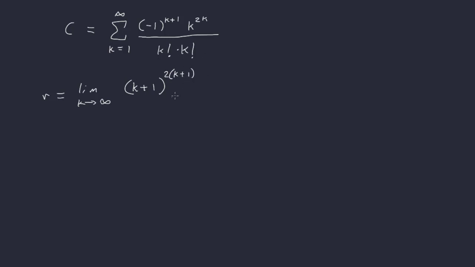Okay, yes, it is that fussy. I don't know if that's the best word, but it's definitely that messy. And then each one of these k's will be replaced with a k plus 1. So it'll be k plus 1 factorial times k plus 1 factorial. So here we have 2 factorials. So, you know, definitely want to use the ratio test there.